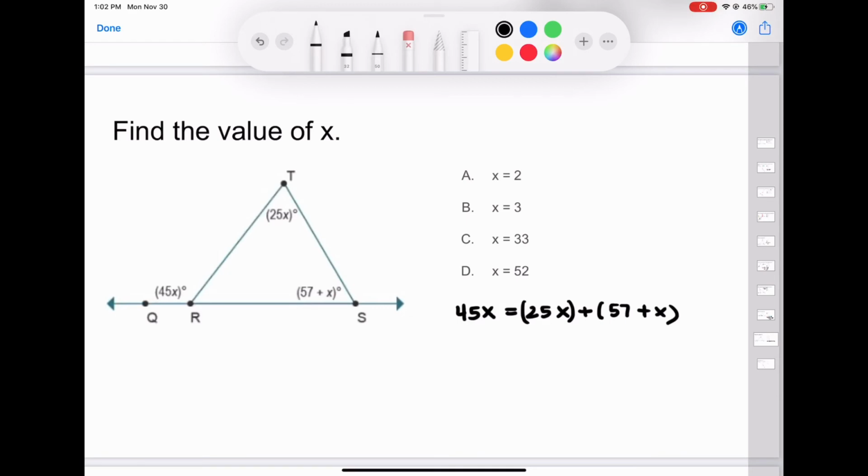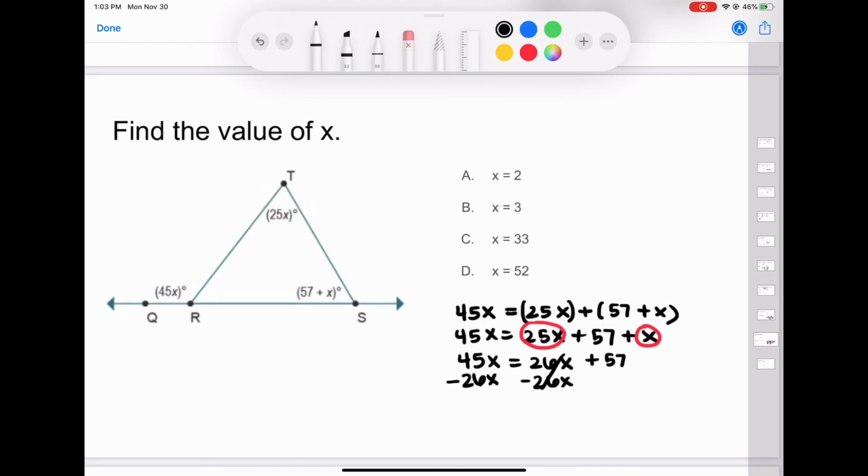So again, I'll just combine like terms, but I'll make it easier for us. Okay, combine my like terms. That gives me 26x. Okay, and then I have plus 75. I'm going to go ahead and subtract 26x because I want to isolate these two.